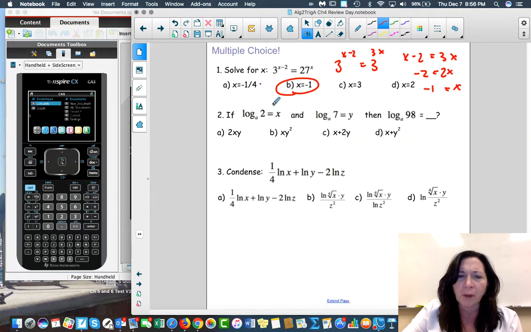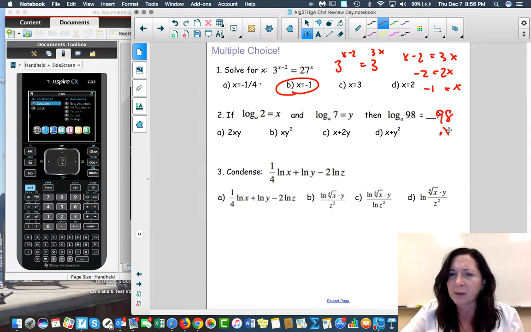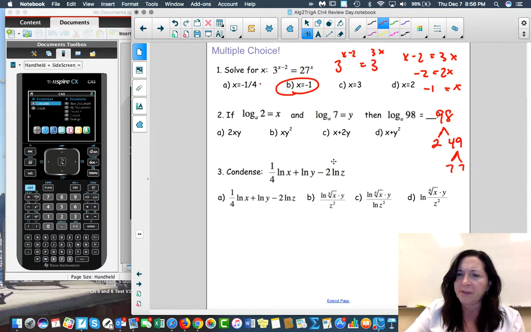For the next problem, this is telling me that log base a of 2 is going to be a variable and log base a of 7 is going to be a different variable. So what I actually need to do is take 98 and break it down. That's going to be 2 times 49, which is 7 times 7.